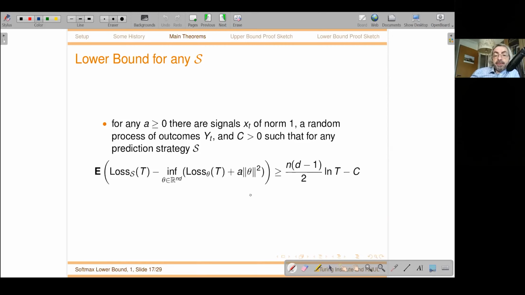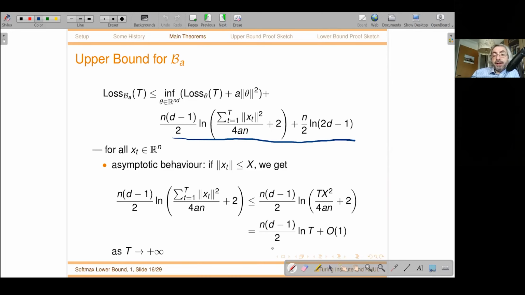So asymptotically, we cannot improve this. The best coefficient in front of the logarithm is n(d-1)/2, with n(d-1) being this effective dimension.